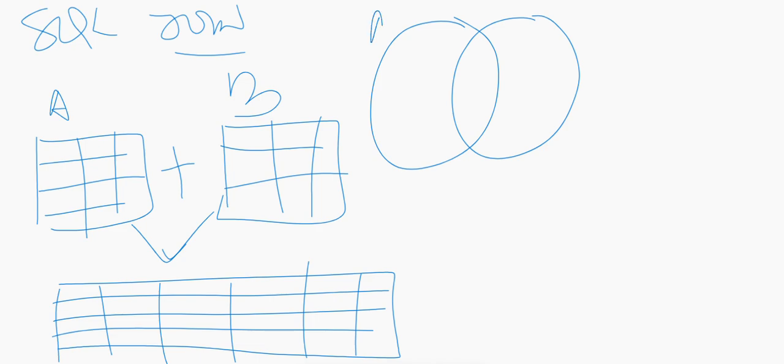They are trying to say this is A, this is B, and this is something common to them. So when we've established this, we have table A, we have table B, then we want to join them together to give us a table.